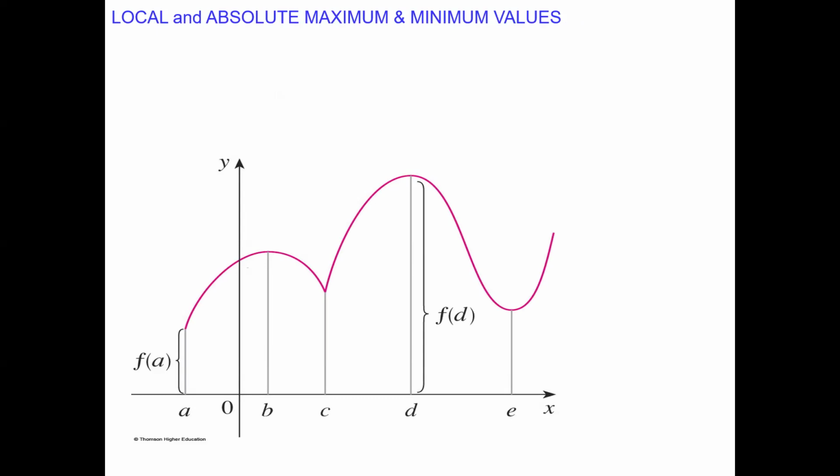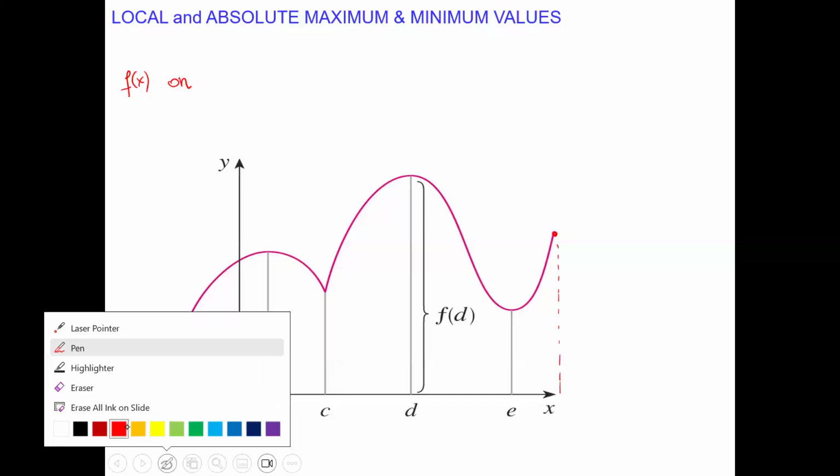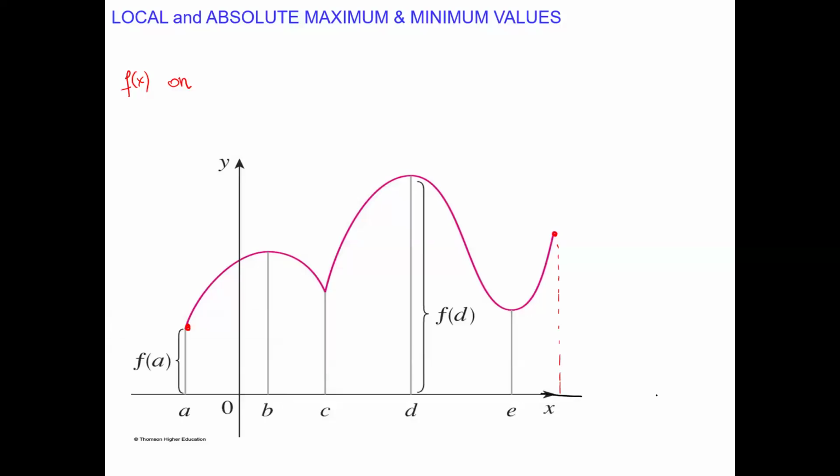Let's assume that f of x is defined on the interval from a to f, so the function is defined on the interval including a and f. Now let's look globally.